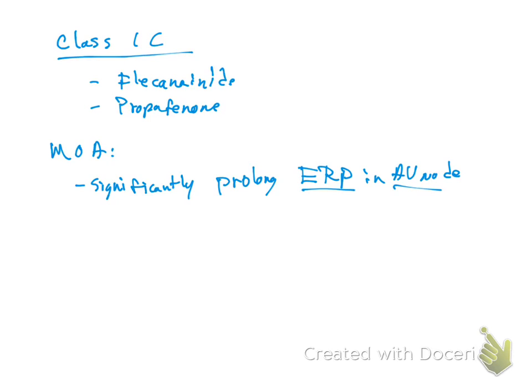This is class 1C, with flecainide and propafenone. Also, it prolongs the ERP in the AV node and accessory bypass tracts.